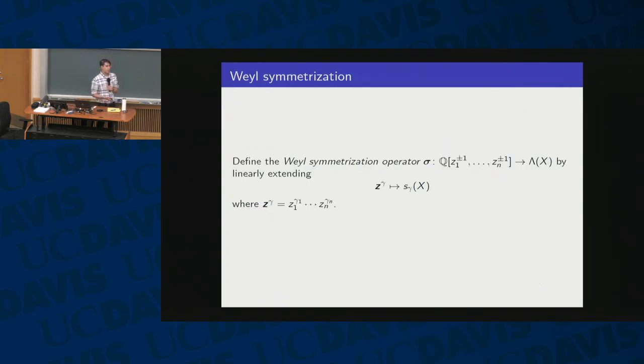Okay, and so we'll package this into this Weyl symmetrization operator, right, that takes a Laurent monomial to a Schur function that is indexed by its exponent vector, and then extend that linearly to the Laurent polynomial ring. Okay. And we'll denote that using a bold sigma there.